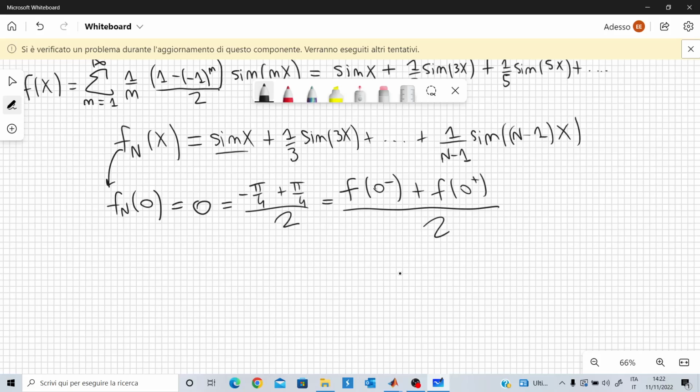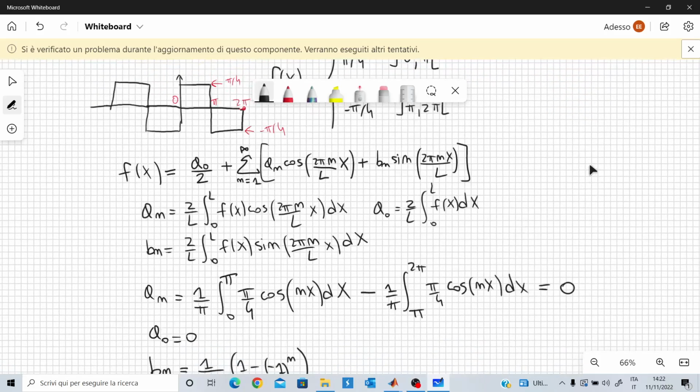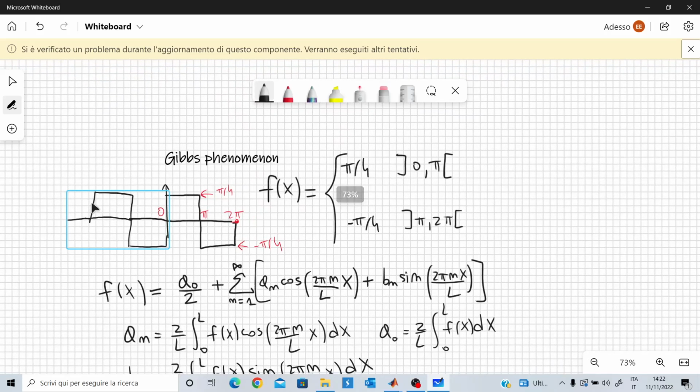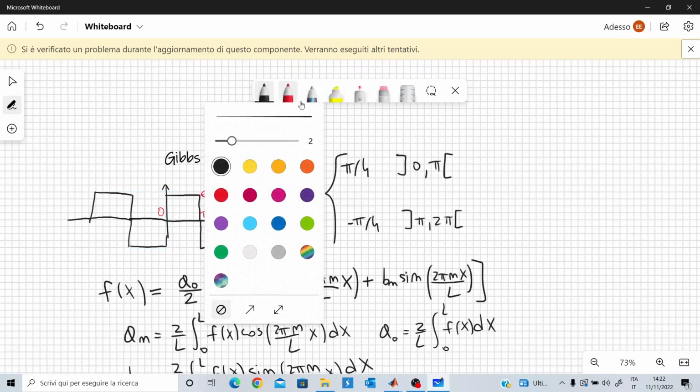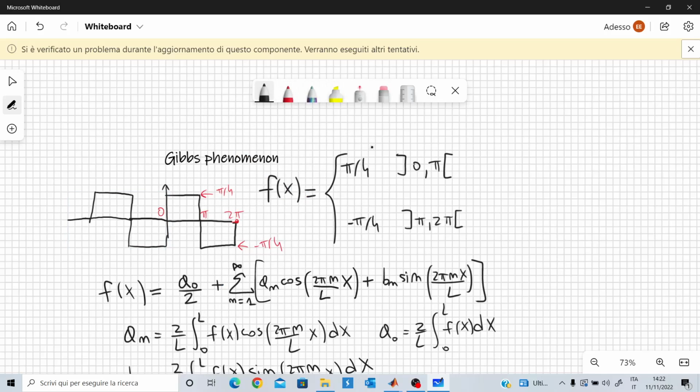So it is the average of the initial function f of x, and you can consider this function to be periodic. So here I defined it only in the interval 0 to pi, but you have to think that this function repeats periodically over the real line.